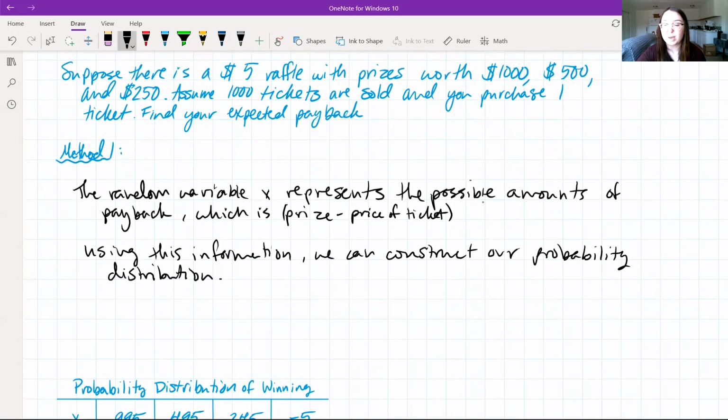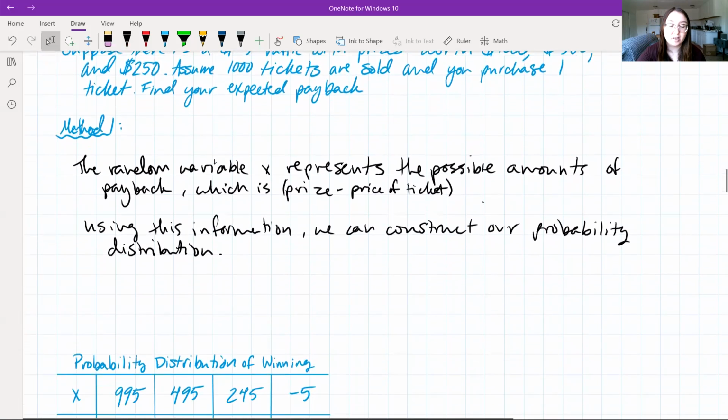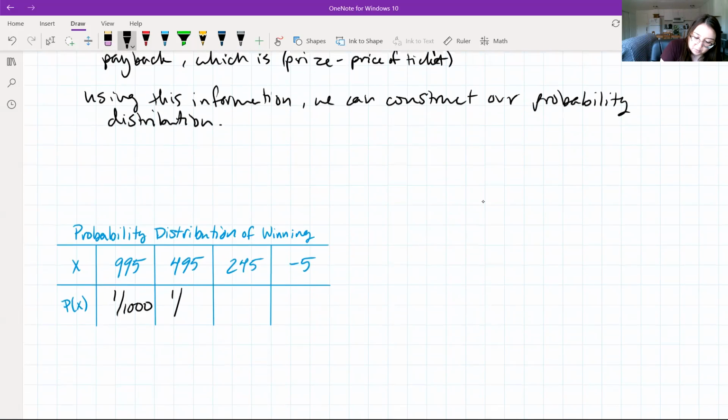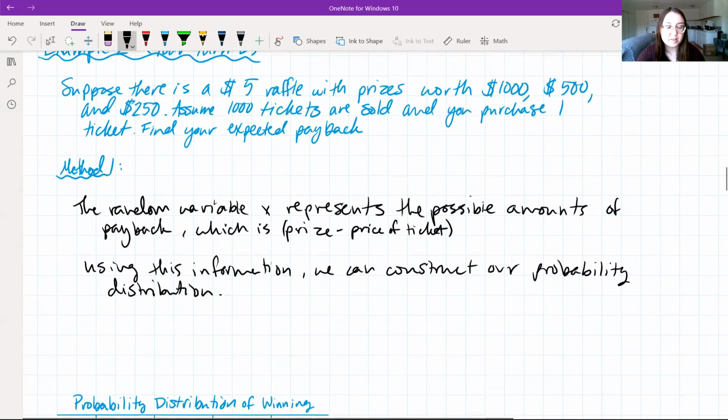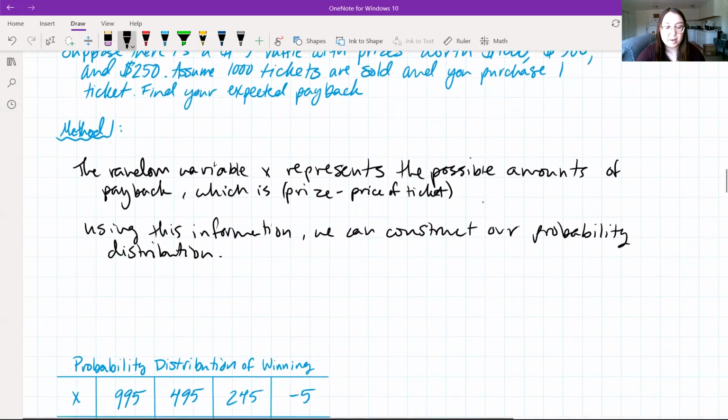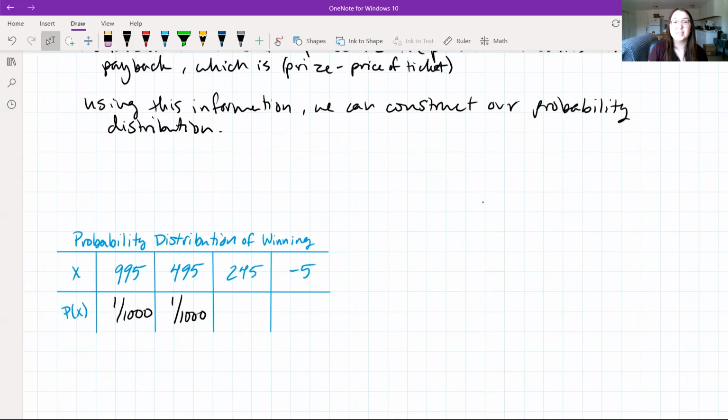Then our probability of a payback of $495 is also just 1 divided by 1,000, since there's only one option of getting that payback. Lastly, for our payback of $245, same thing. It's only one option, so we get 1 divided by 1,000.